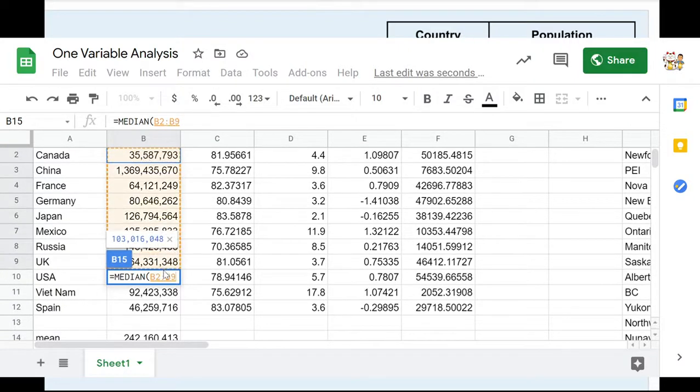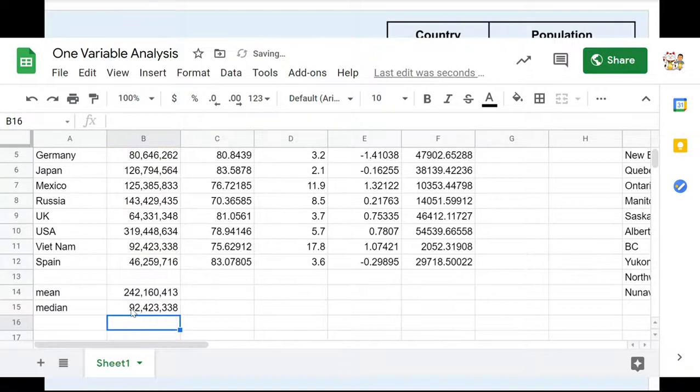I'm going to highlight all of my values, hit enter, and we can see that it's the exact value that Vietnam was, because that data point was our middle value. So again, Google Sheets, using that formula, orders it for us. We don't have to worry about it. Again, very helpful tool.